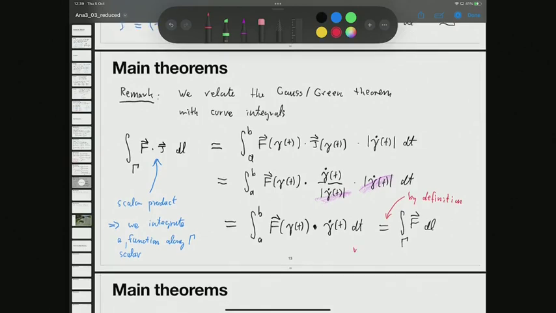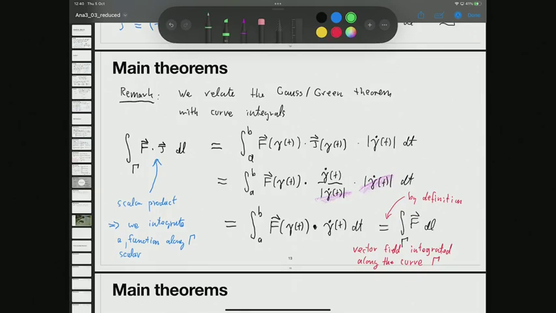So here we've got the vector field integrated along the curve gamma. I think it's a general observation for the curve integrals of vector fields. The curve integral of a vector field, we have had this definition. You can also express it as the integral of the vector field multiplied with a unit tangent, integrated along the same curve.